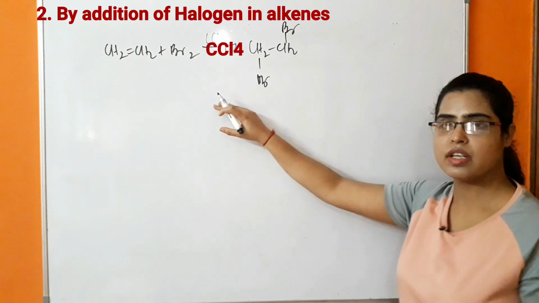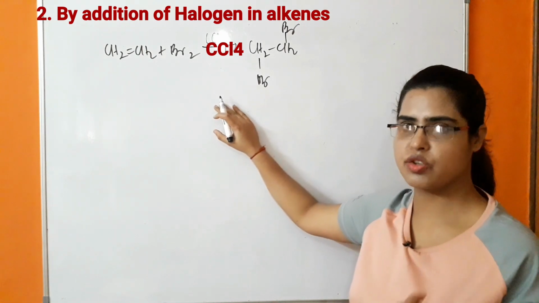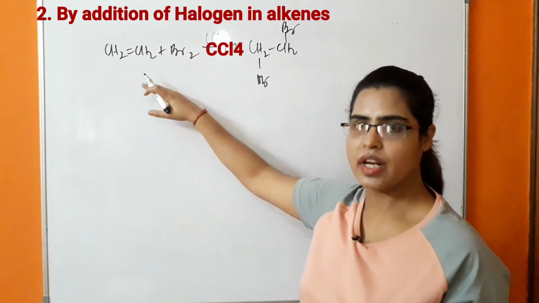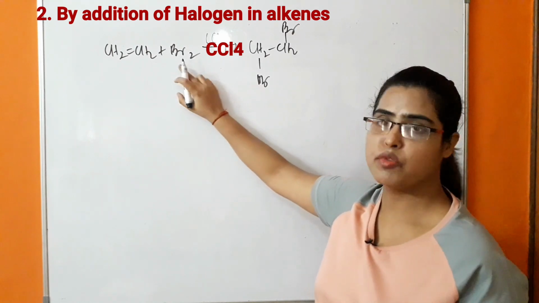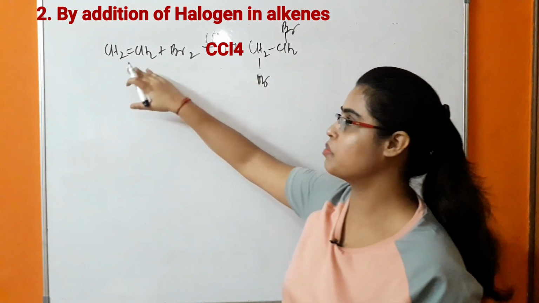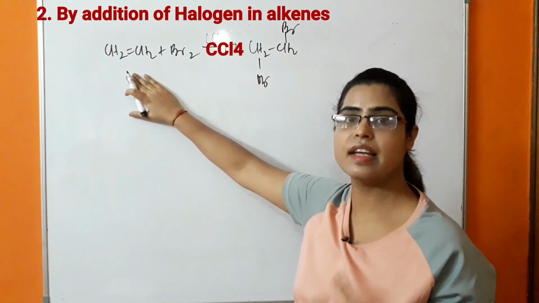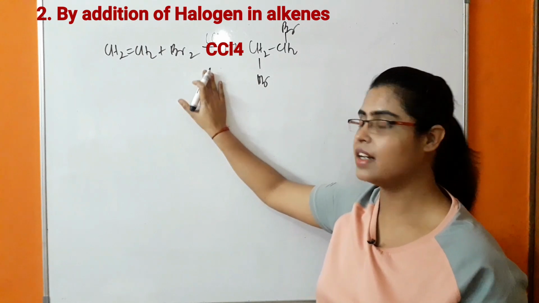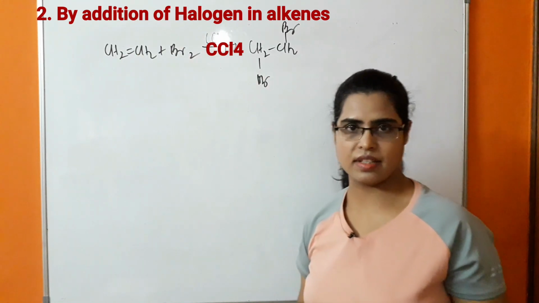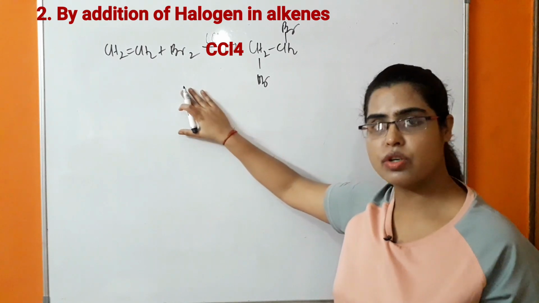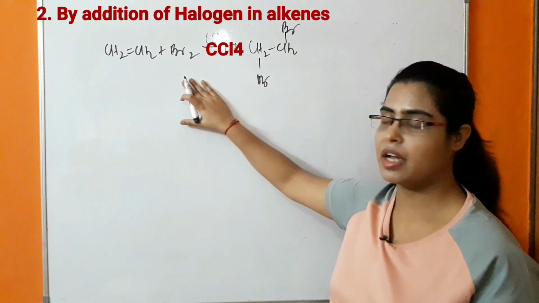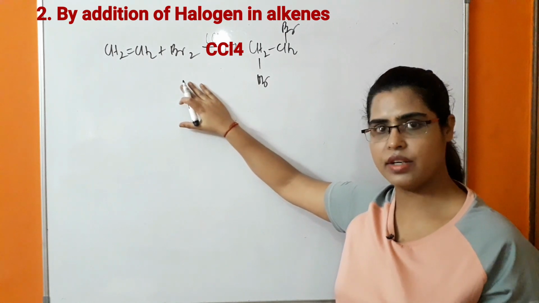This reaction is used for the unsaturation test, because in the presence of alkenes or alkynes, the color of bromine, which is orange-red, decolorizes. Because of that, this reaction is used for the unsaturation test, because this reaction is not given by saturated hydrocarbons, it is given only by unsaturated hydrocarbons.